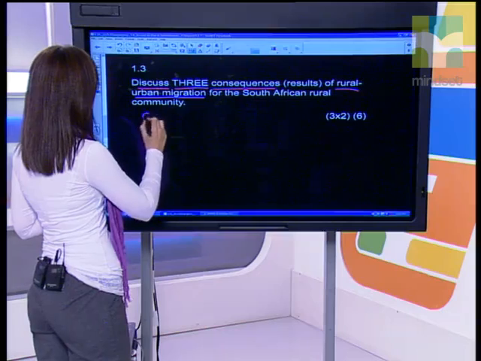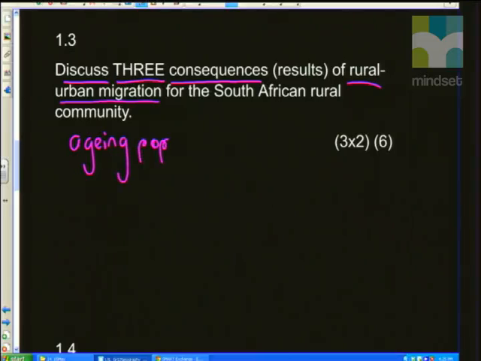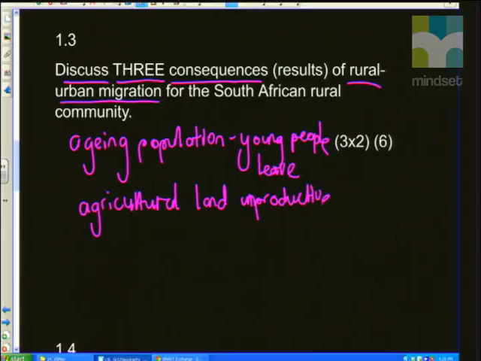So firstly, we're going to have an aging population. Okay, and the reason behind that is that most of your young people, those are the ones that are going to leave. All right? Your agricultural land becomes unproductive. They can't cope with the workload. Okay?